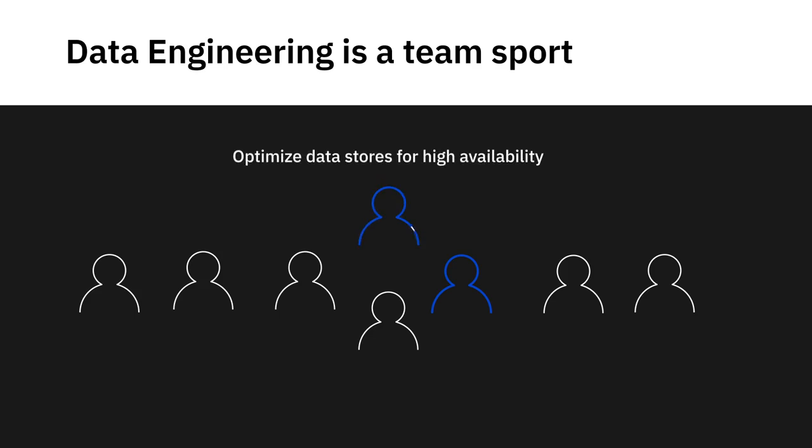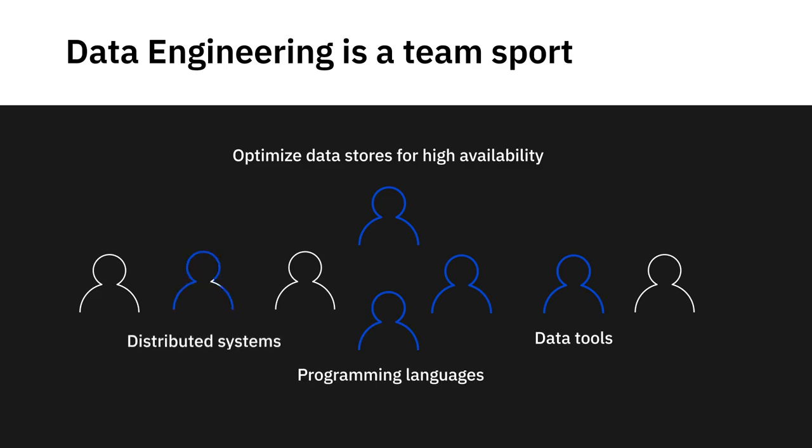To ensure data stores are available and optimized for use, you need to have expertise in databases. Similarly, proficiency in database tools, programming languages, and distributed systems all come under data engineering, but they may require different skill sets. Also, not all teams and organizations need to set up an end-to-end data engineering practice.